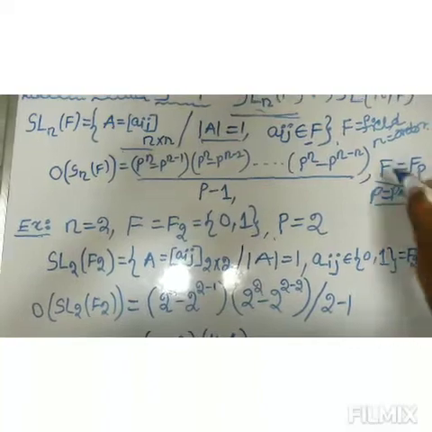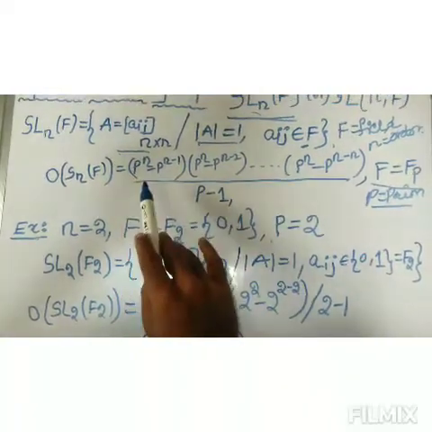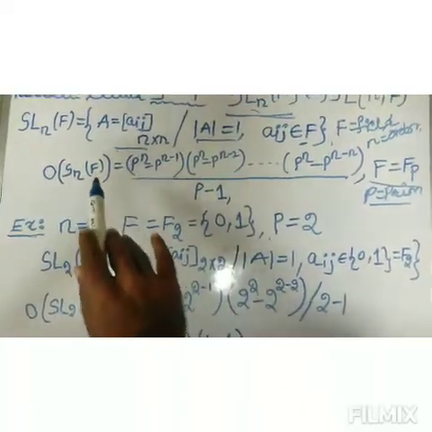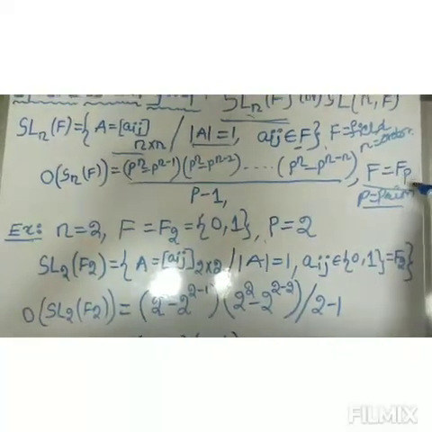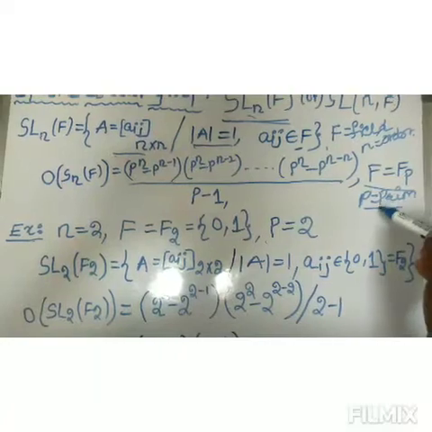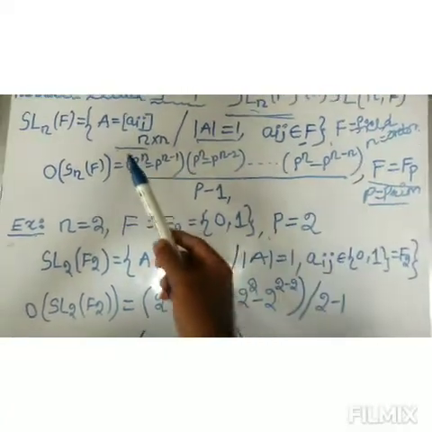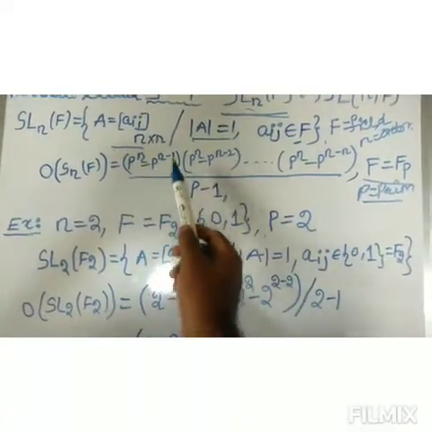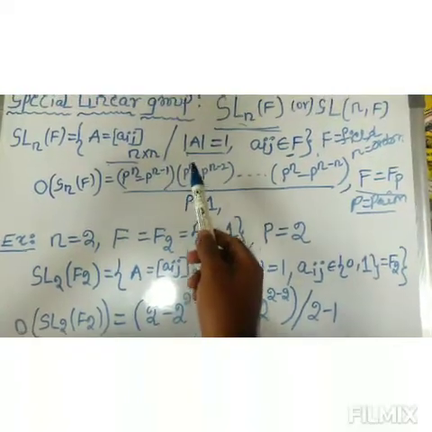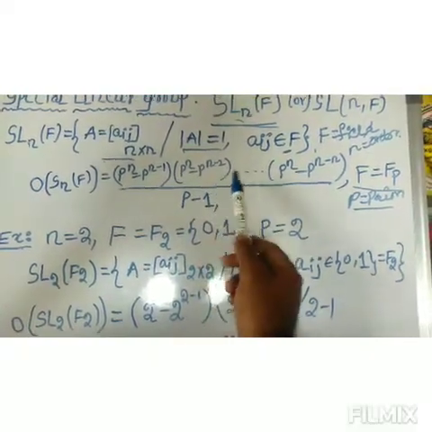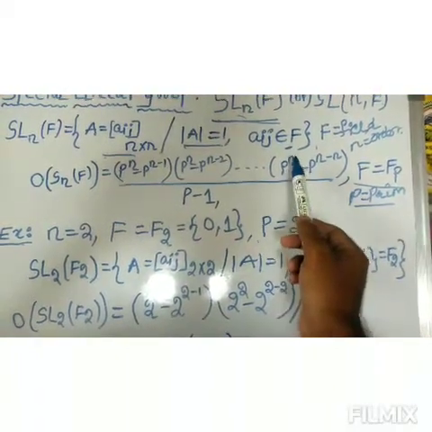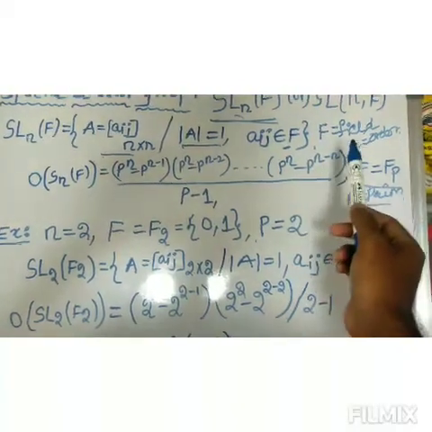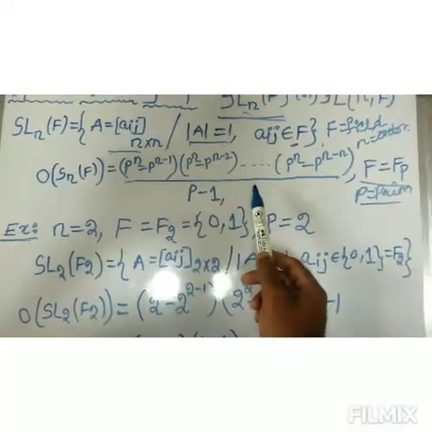So this is the formula for the order of SL_n(F) in the particular case where the field is F_p and p is a prime number. The formula is (p^n - p^(n-1))(p^n - p^(n-2)) and so on, up to (p^n - p^(n-n)), divided by (p - 1).